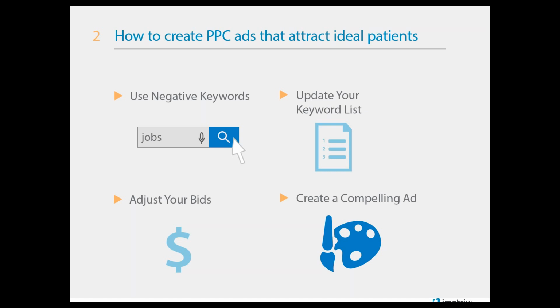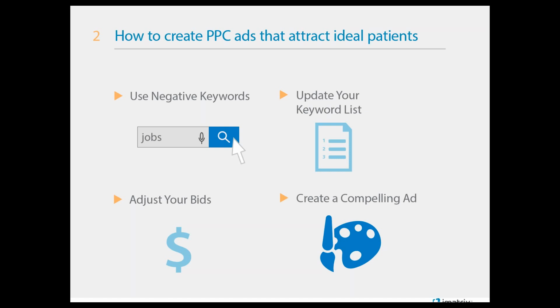You also want to update your keyword list, and you want to research which keywords are going to give you the highest click-through rate, which is basically a ratio of users who actually click on your link versus the total people who view your page, because again, we want to get you that ROI, that return on investment.